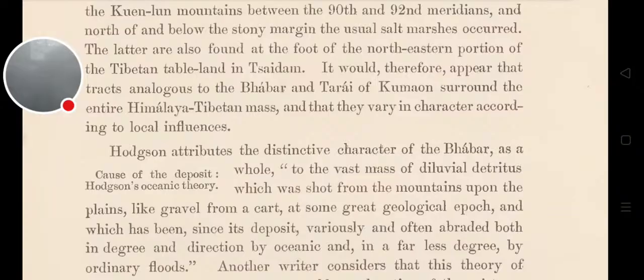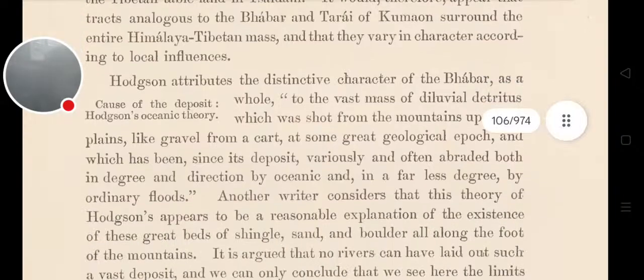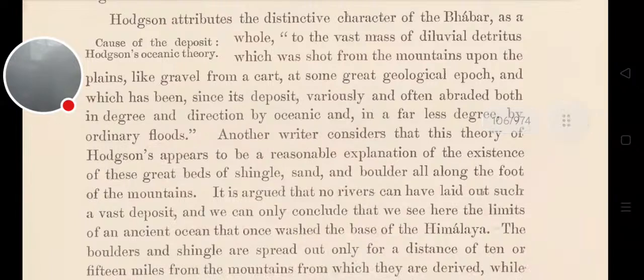Hodgson attributes the distinctive character of the Babar as a whole to the vast mass of diluvial detritus which was shot from the mountains upon the plains like gravel from a cart at some great geological epoch, and which has been, since its deposit, variously and often abraded both in degree and direction by oceanic and, in a far less degree, by ordinary floods.